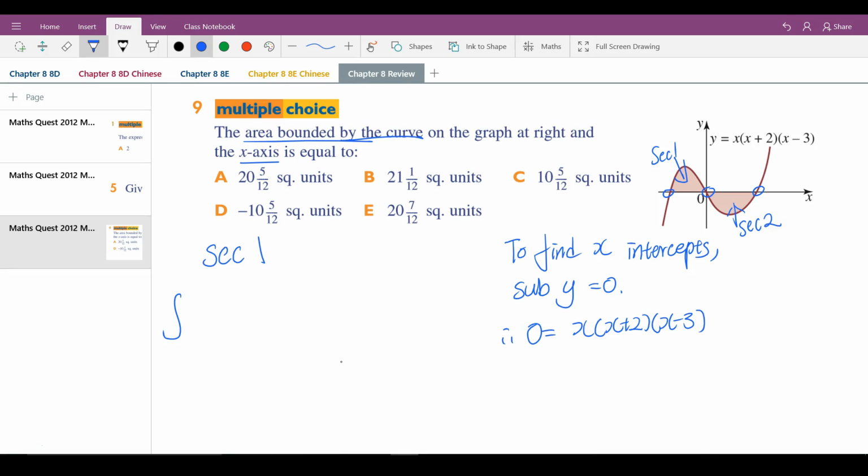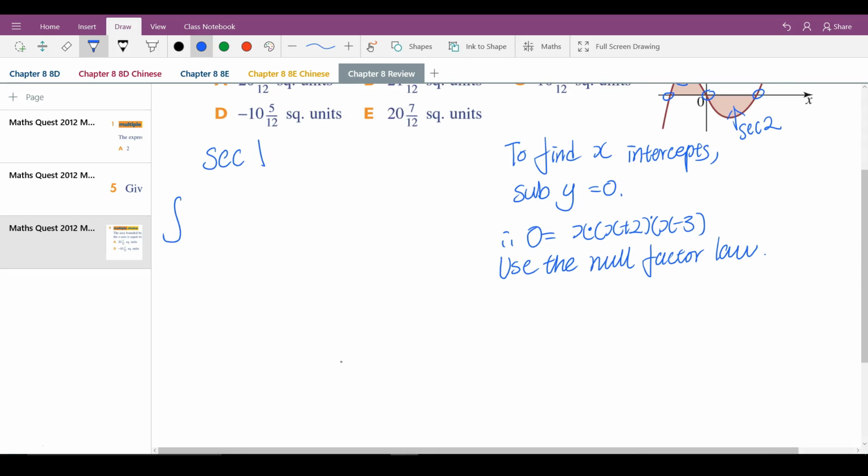When we have 0 on one side and the other side is all multiplication, we can use the Null Factor Law. What the Null Factor Law means is just that if something times something gives you 0, let's say if A times B gives you 0, either A is 0 or B is 0.